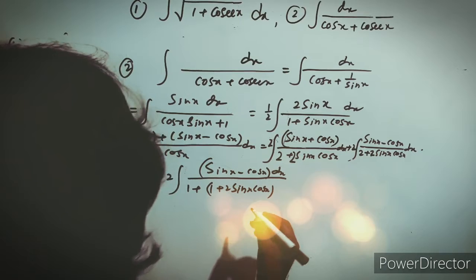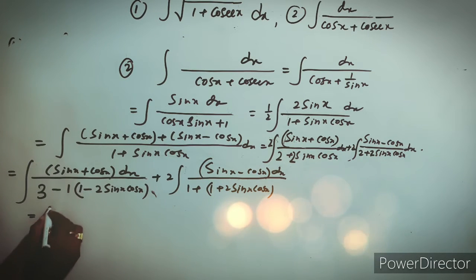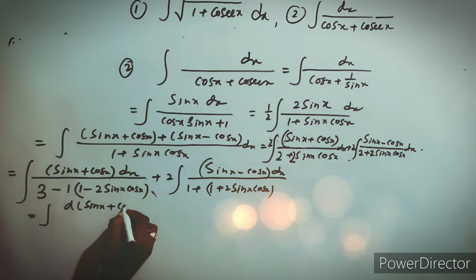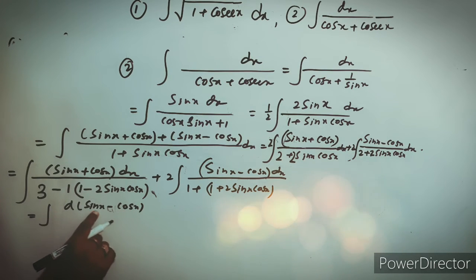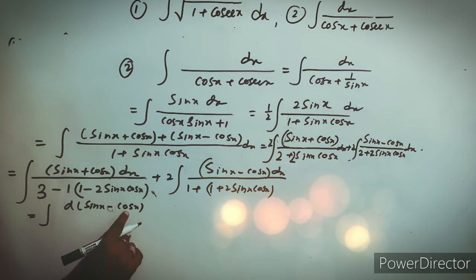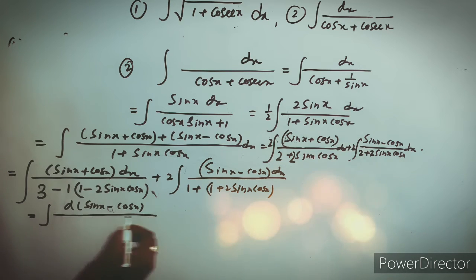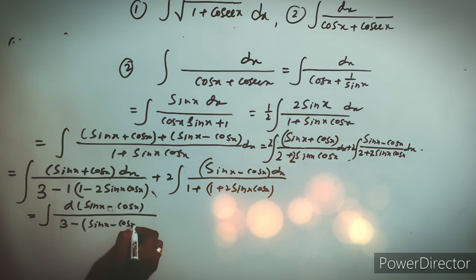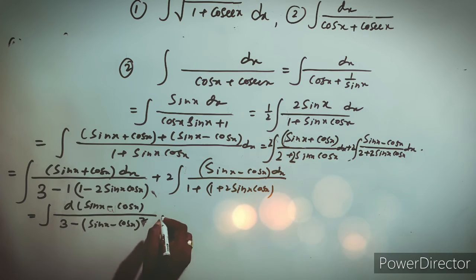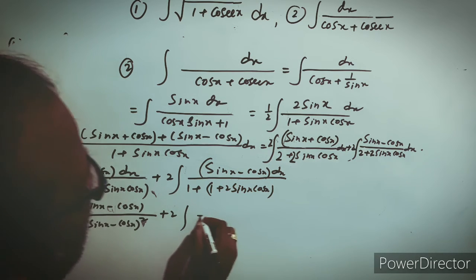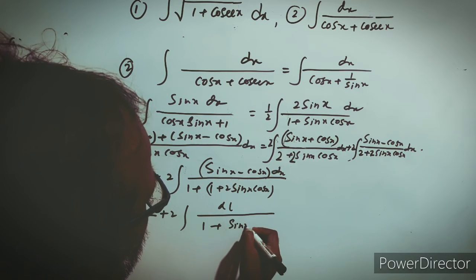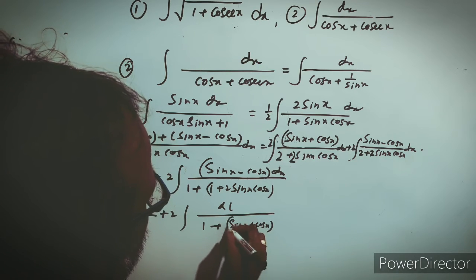Now again see, this is equal to d by dx of sin x plus, this is a minus. Differentiating this gives cos x and differentiating that gives plus sin x. So here sin x minus cos x whole square, and this is 1 plus sin x plus cos x whole square.